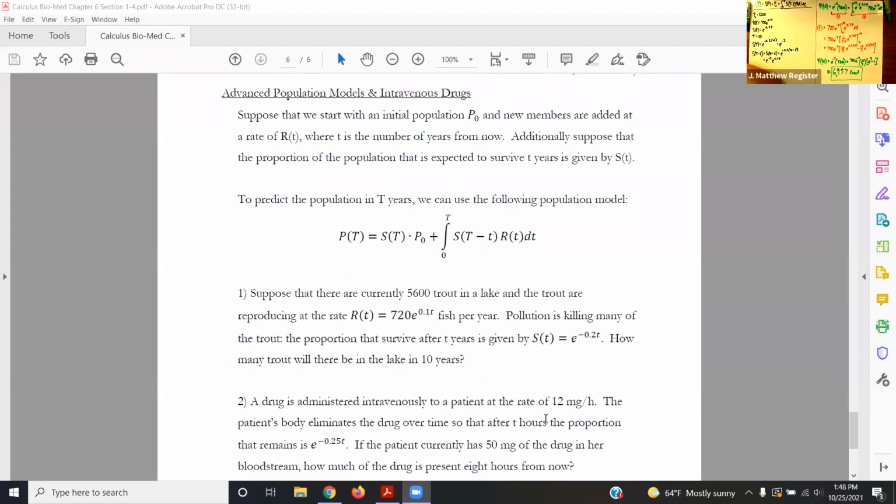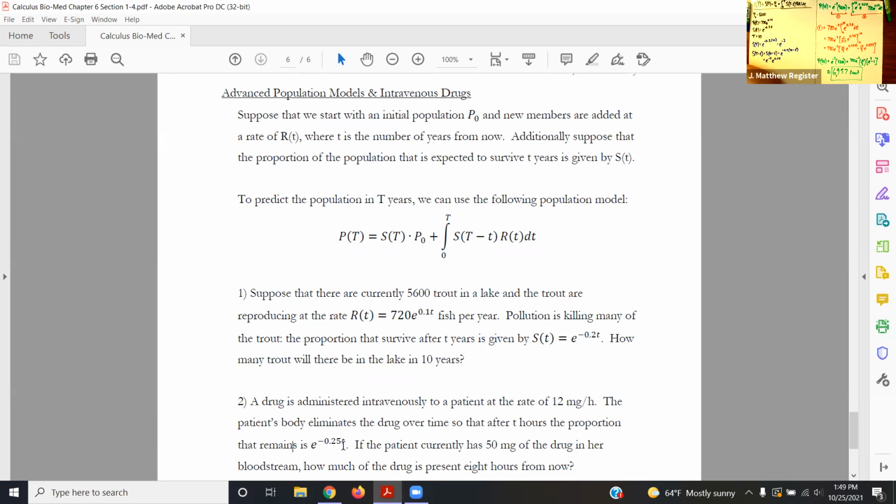And so that 12 milligrams per hour is the rate at which it's being added, your R of T. The patient's body eliminates the drug over time so that after T hours, the proportion that remains is e to the negative 0.25 T. That's something that can be measured, and because those things do decrease in the bloodstream exponentially, you could actually come up with this model if you had the resources.